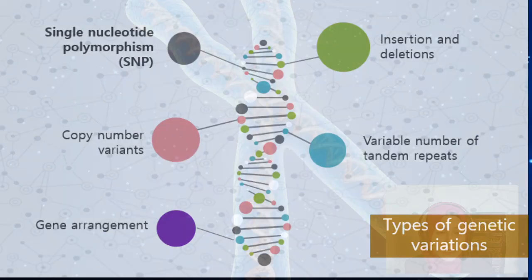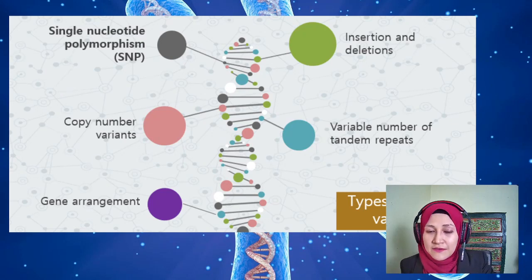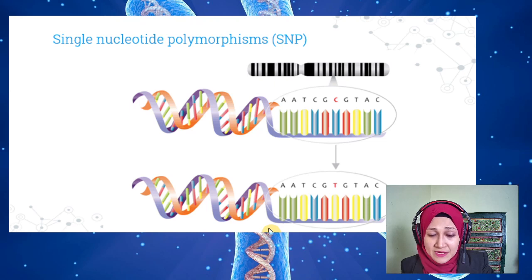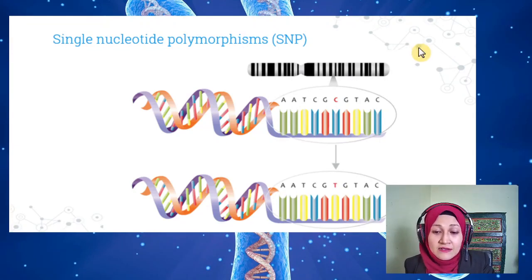So now we will go to the types of genetic variation. I list here 5 of them. There might be more, but we'll only look at the most relevant and frequently observed variations. The most popular one is SNP, or single nucleotide polymorphism. As the name suggests, there is a polymorphism at a single nucleotide base at a particular gene locus.